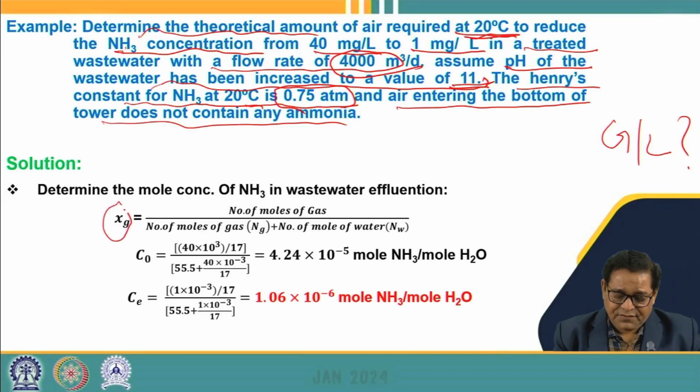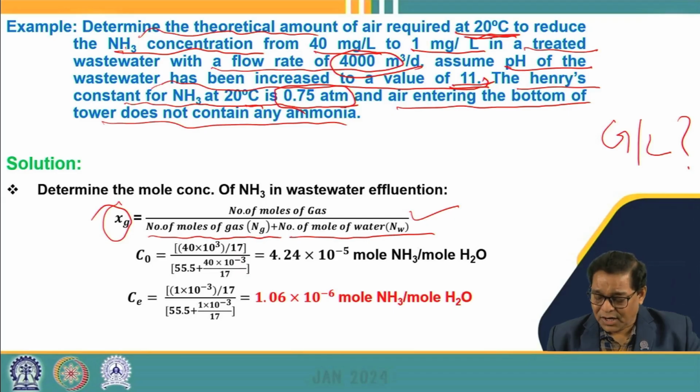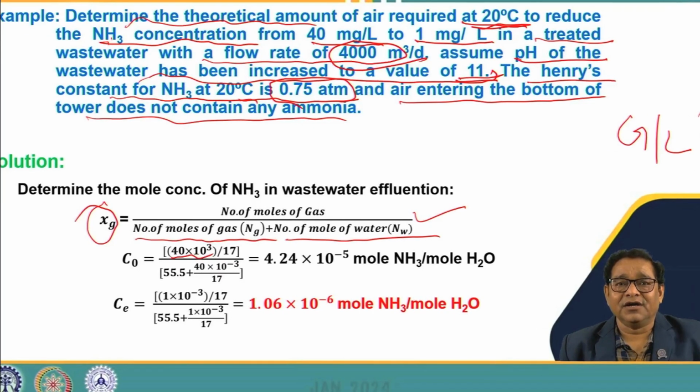The molar fraction of the solute, ammonia, in wastewater will be equal to the number of moles of gas divided by the number of moles of that gas plus the number of moles of water. It will give the molar fraction of the ammonia present in the form of gas in the wastewater. The concentration of ammonia is given as 40 milligram per liter, so 40 into 10 raised to the power minus 3 divided by 17.